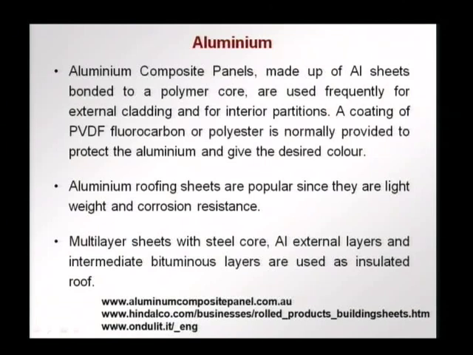So, these multi-layer sheets not only give the stiffness and impermeability which is derived from the steel core, the aluminum layers now reflect off the heat. So, there is less heat getting into the roofing material, and the bituminous layers also cut out heat as well as noise.